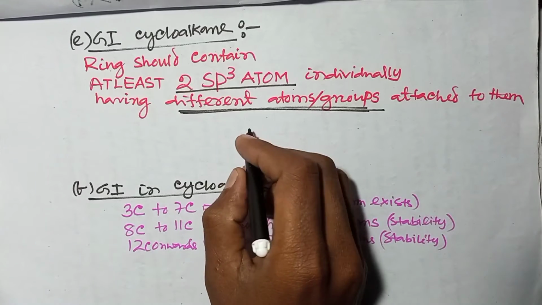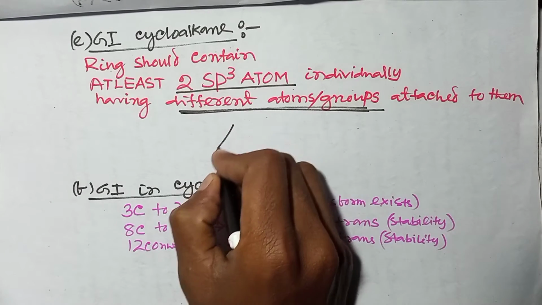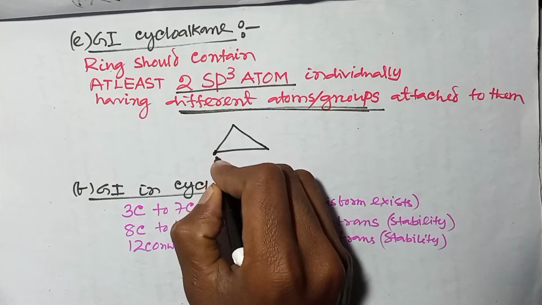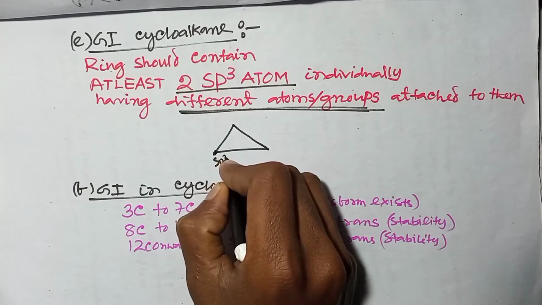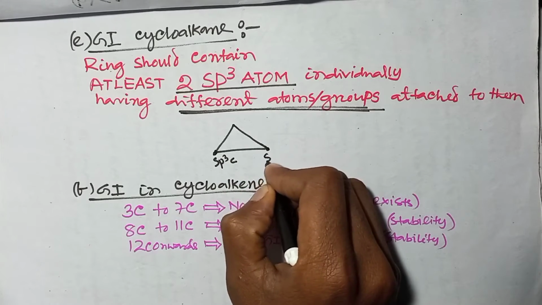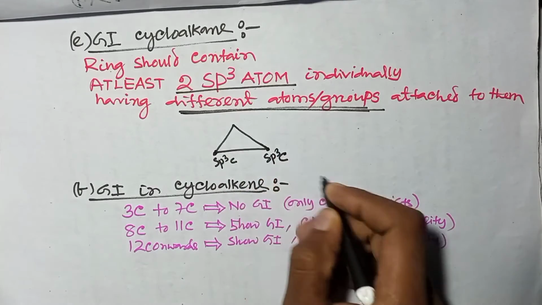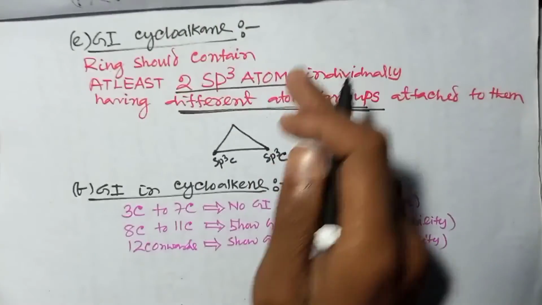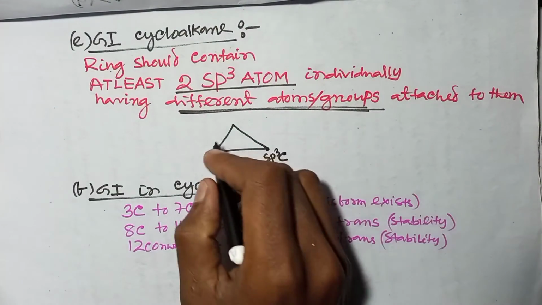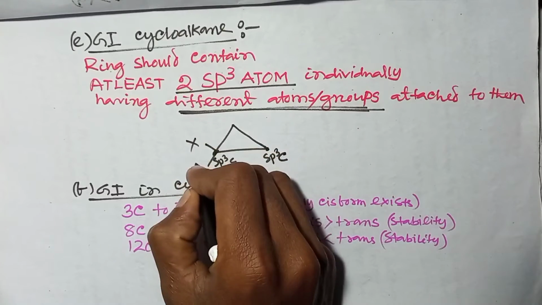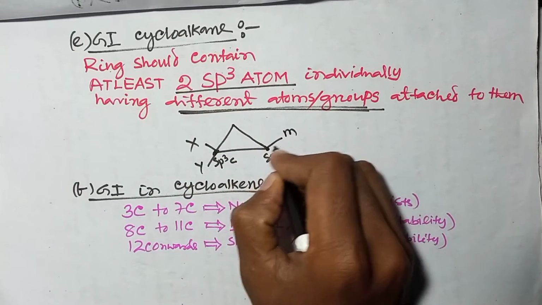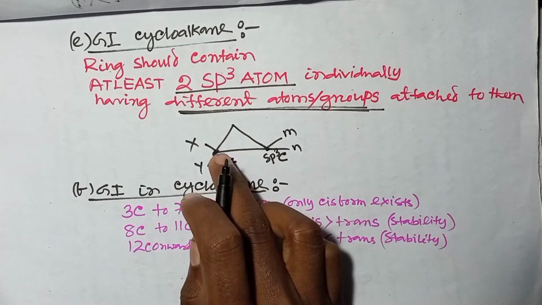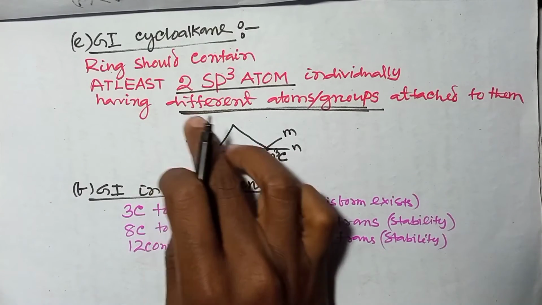So let's say it is a cycloalkene, and this one is your one sp3 carbon atom, and this one is your another sp3 carbon atom. The condition says that this ring should contain at least two sp3 hybridized atoms, and these two sp3 hybridized carbons should individually contain different groups.